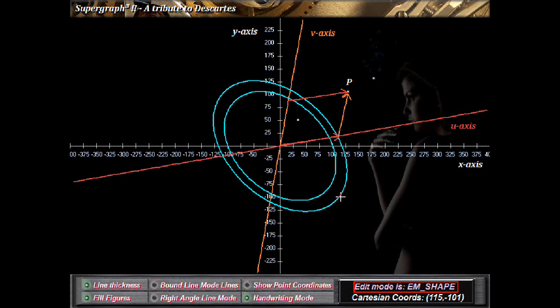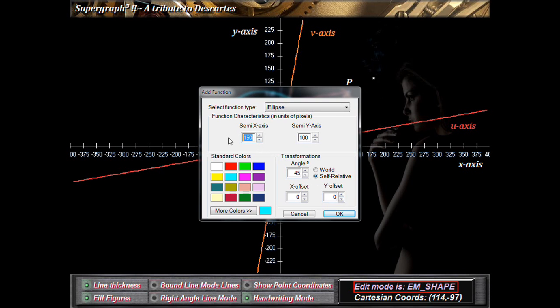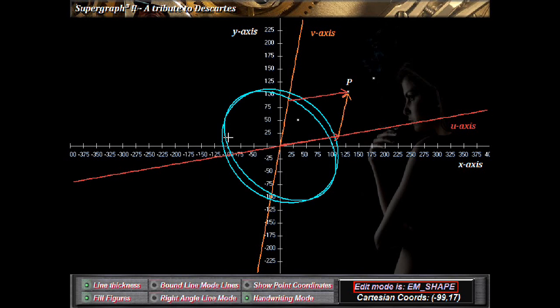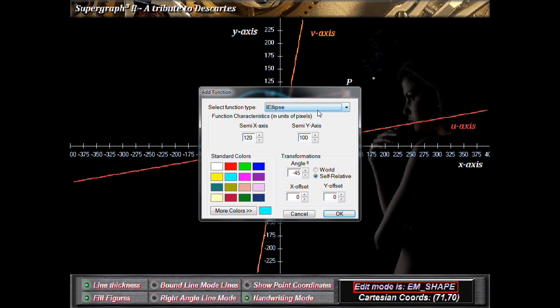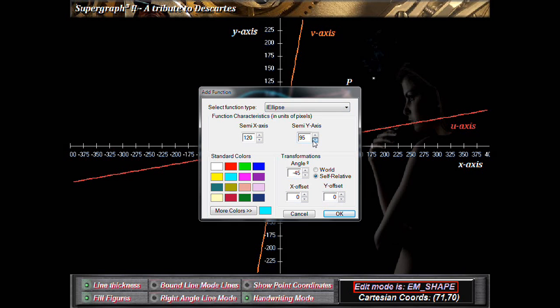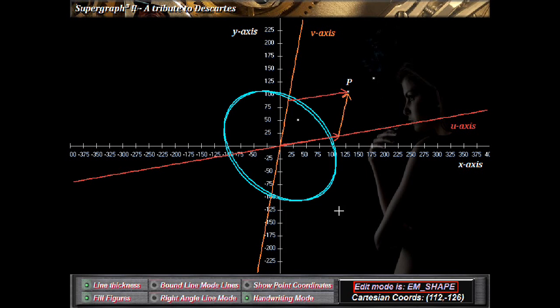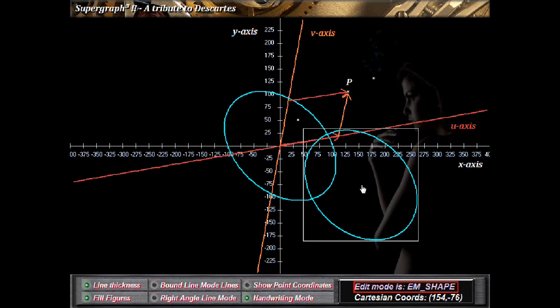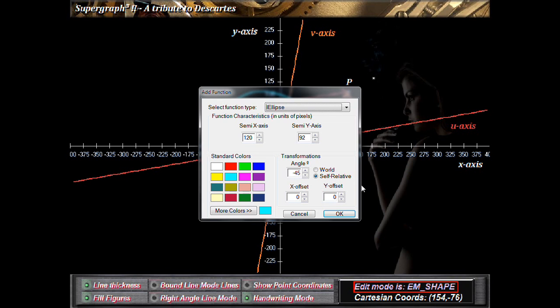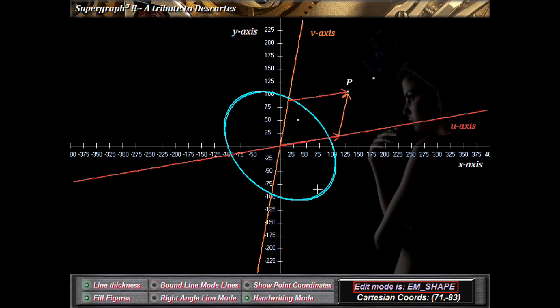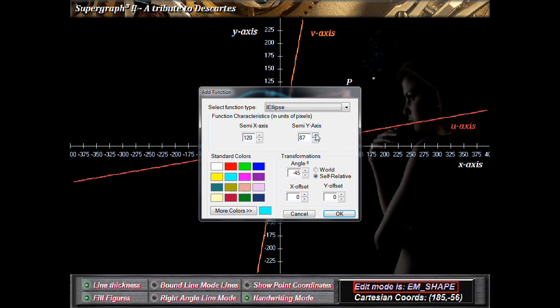Okay, that's way too big. Maybe 120. Closer. Getting there. There, almost. You see how close that is? That's not a coincidence. In fact, the formula turns out to be exactly an ellipse.